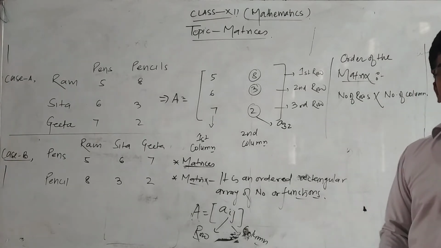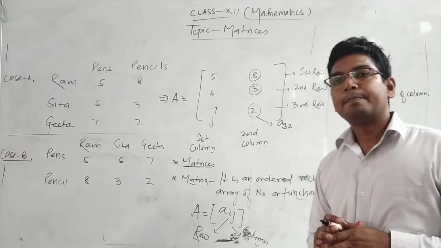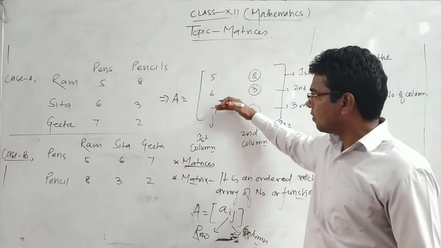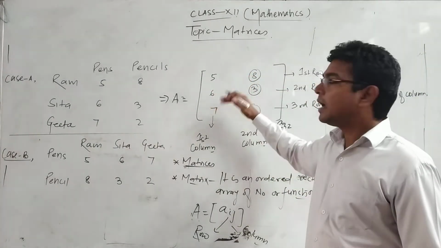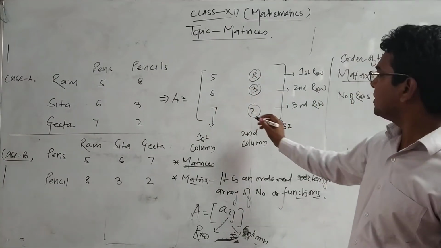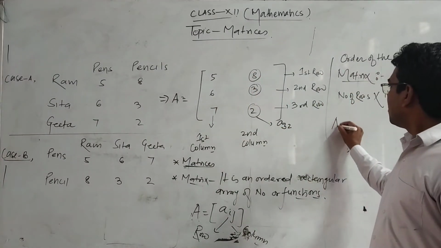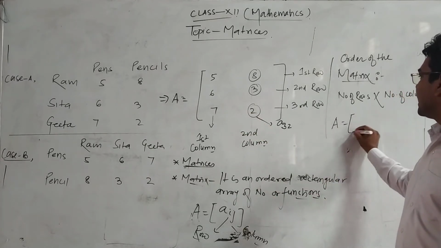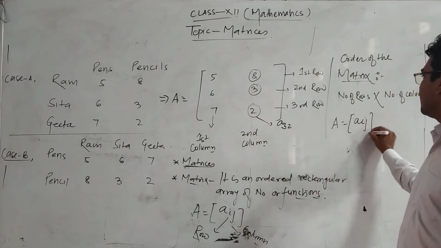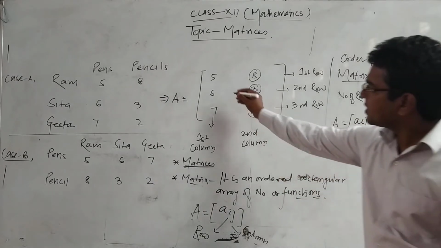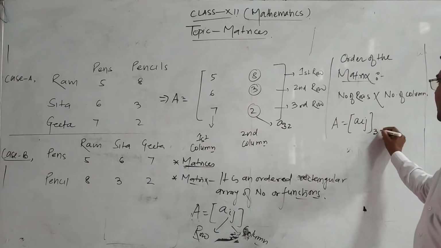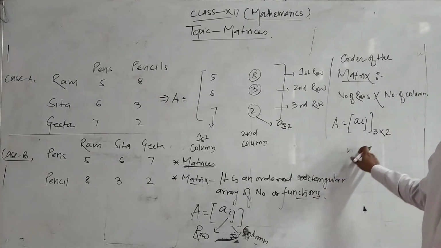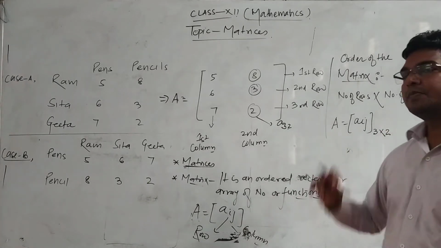So to write the order of the matrix, we have to count the number of rows and the number of columns. For example, if you want to write the order of the matrix A, which is given here, we will write like this: Aij, number of rows are 3 and number of columns are 2. So this will be the order of this matrix.